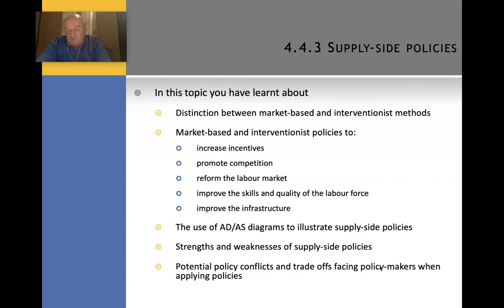Obviously, it's almost always a case of looking at some of the strengths and weaknesses and also some of the conflicts and trade-offs that policymakers are facing, and that's what the government is facing every day in terms of where it's going to spend its money, how it's going to spend its money, and what the impacts of that spending or that investment might be.